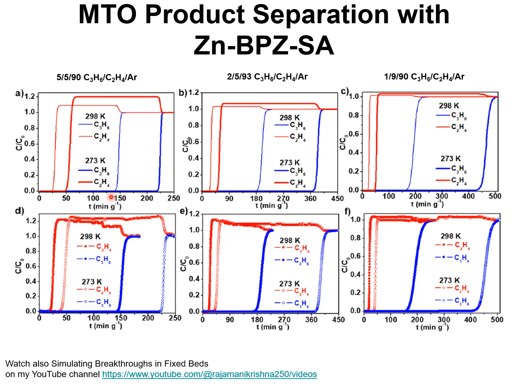On the basis of the unary isotherms, the transient breakthroughs of mixtures can be predicted in a manner that corresponds nearly quantitatively with the experimental data. For background on the breakthrough simulations, I refer you to my video, Simulating Breakthroughs in Fixed Beds.